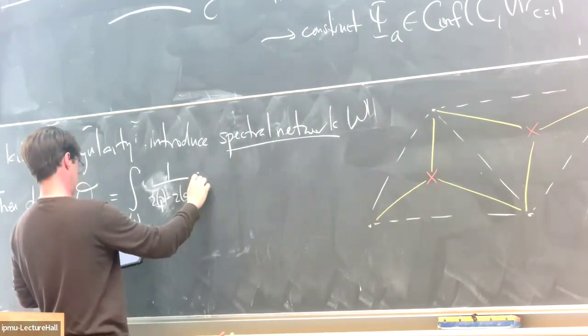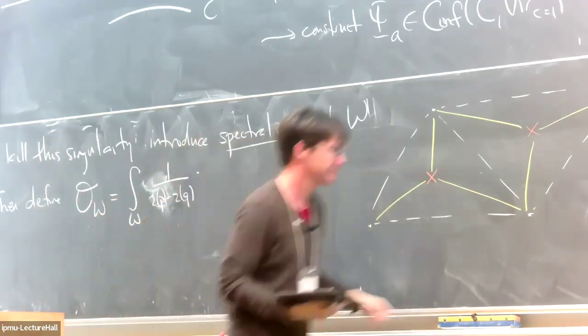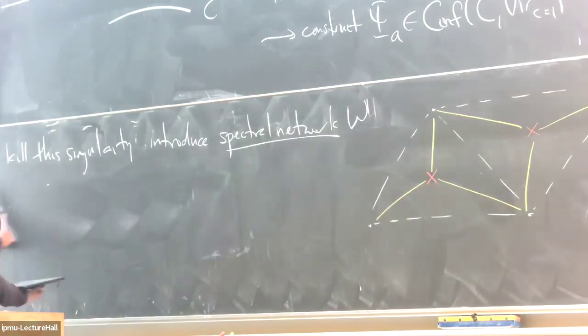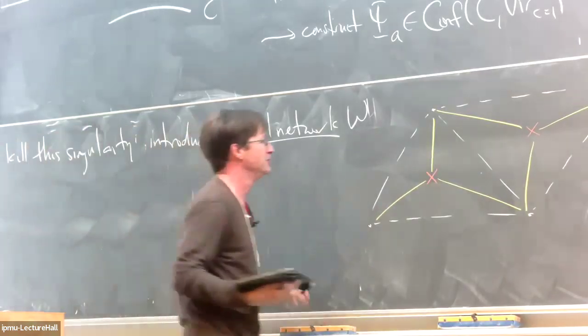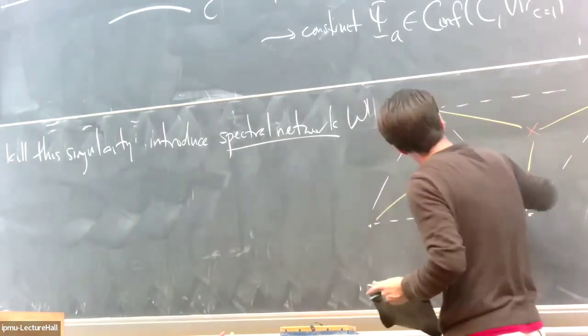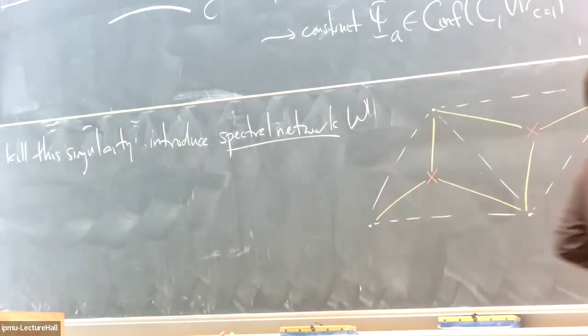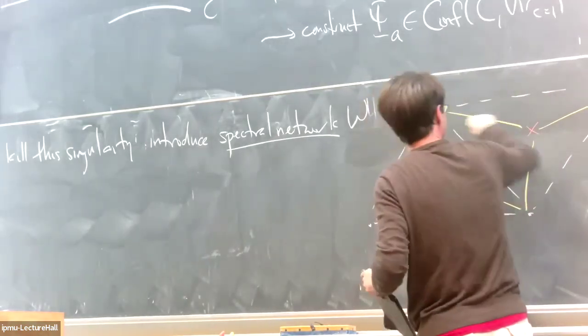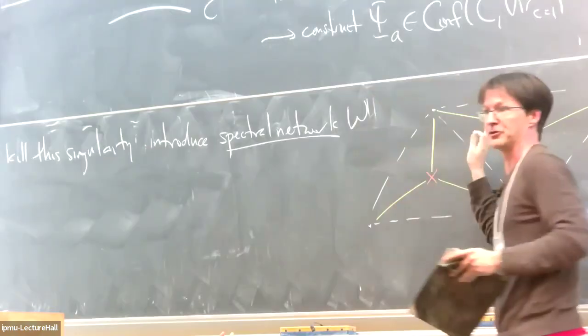Let's see. I think I don't quite have time to do justice to the formula. So I'll just tell you that the key ingredient is some iterated integrals that are built completely out of the Heisenberg correlation functions, but in order to write them down, you use the data of this spectral network.